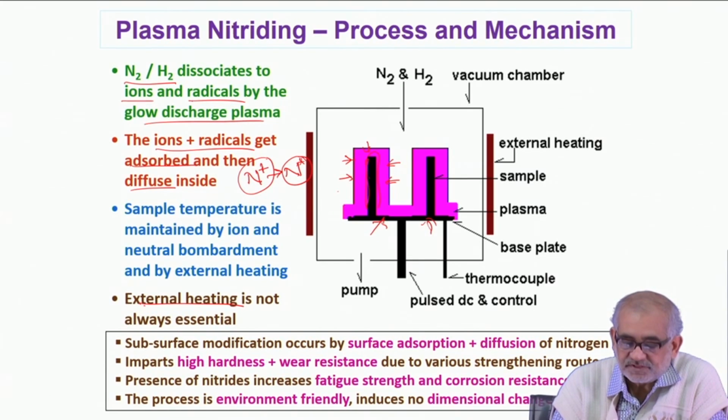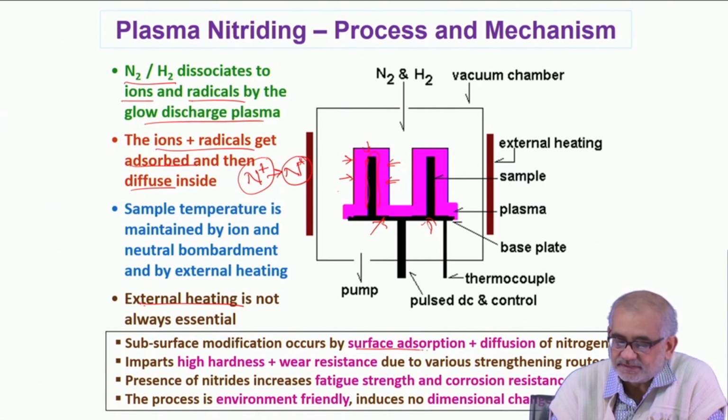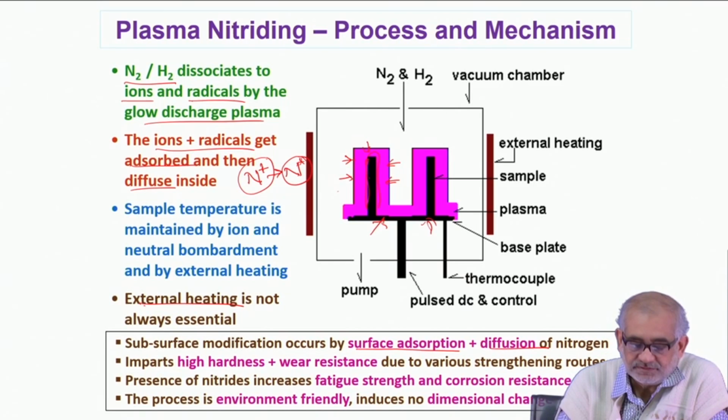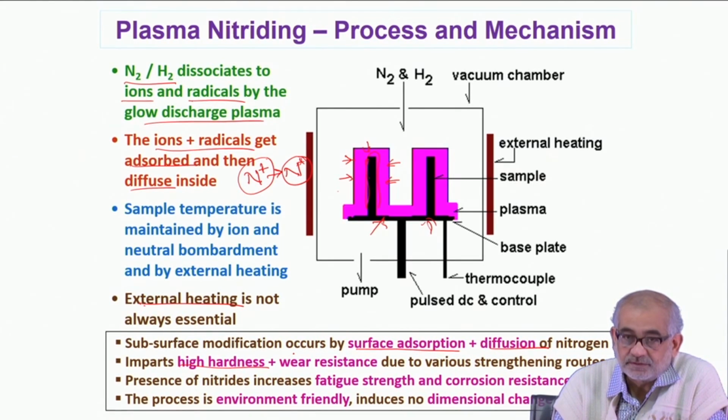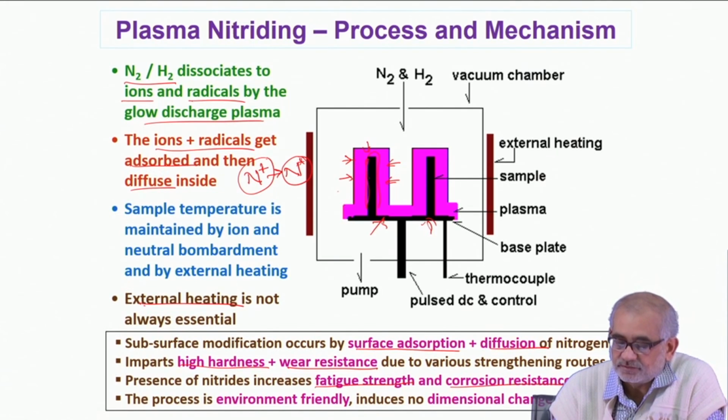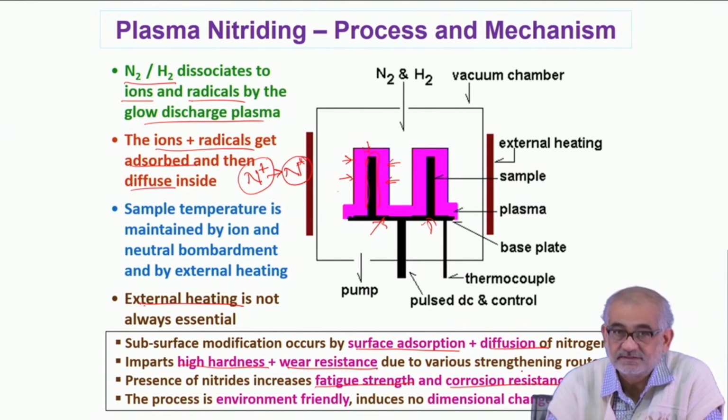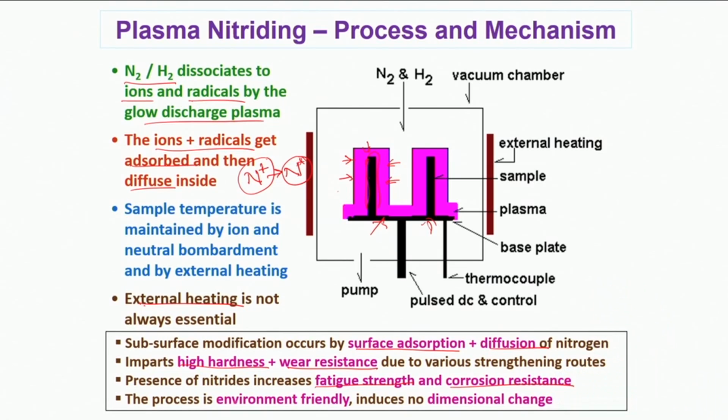So the subsurface modification occurs by adsorption followed by diffusion. This ingress of nitrogen from the atmosphere leads to formation of nitrides and causes an increase in hardness and wear resistance. The nitrides also increase the fatigue strength and corrosion resistance. We have discussed this at length in the previous lectures, and the process is extremely environment friendly.